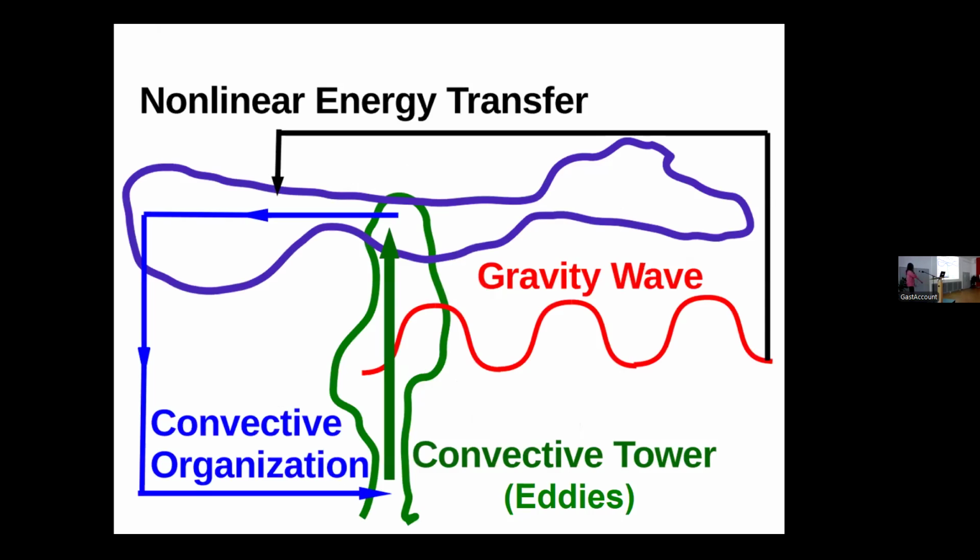So this is what I'd like to summarize. We see a bunch of convective powers generated, and that generates gravity waves, and this nonlinear gravity wave dynamics drives the nonlinear energy transfer to large scale, that is, to convective organization. And that's the way convection organizes in this system, as we have seen. I hope it was clear enough. Vielen Dank.